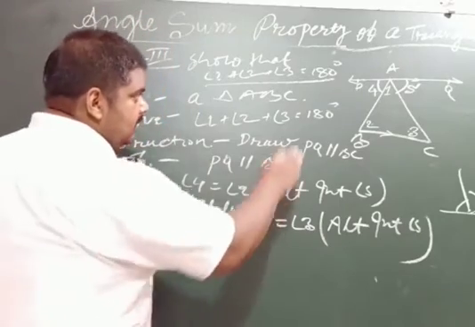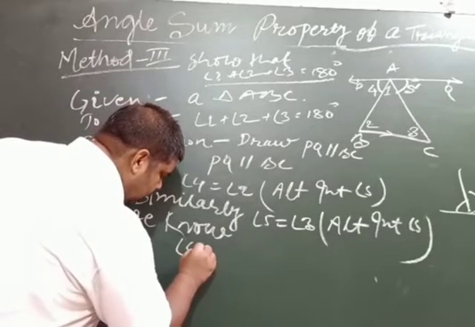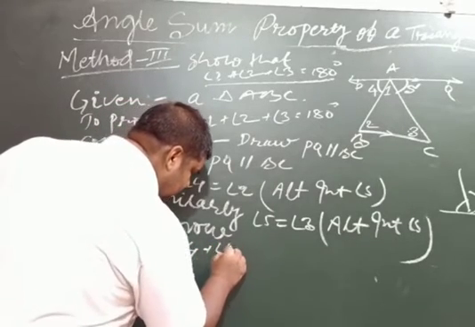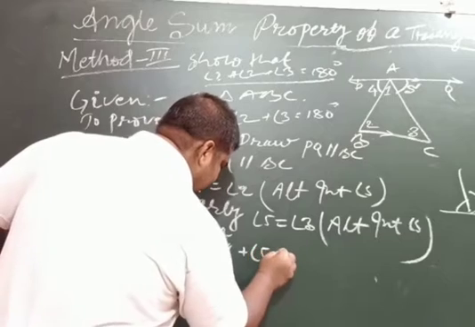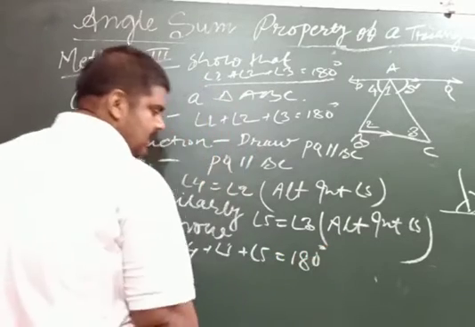This is why angle 4 plus angle 1 plus angle 5 is equal to 180 degrees.